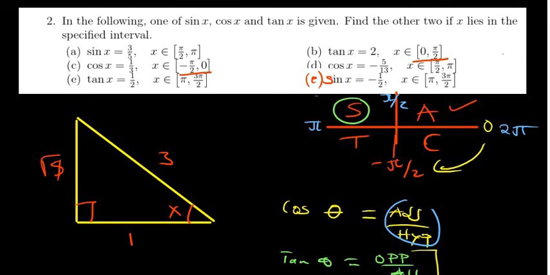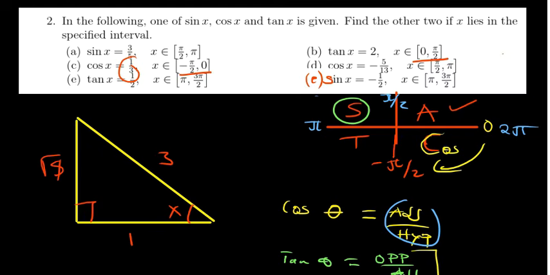So in this quadrant, only cosine is positive. The rest are negative. As we're given, cosine is positive, so the others will be negative. Now what do we have? 1 over 3. So the same ones actually.